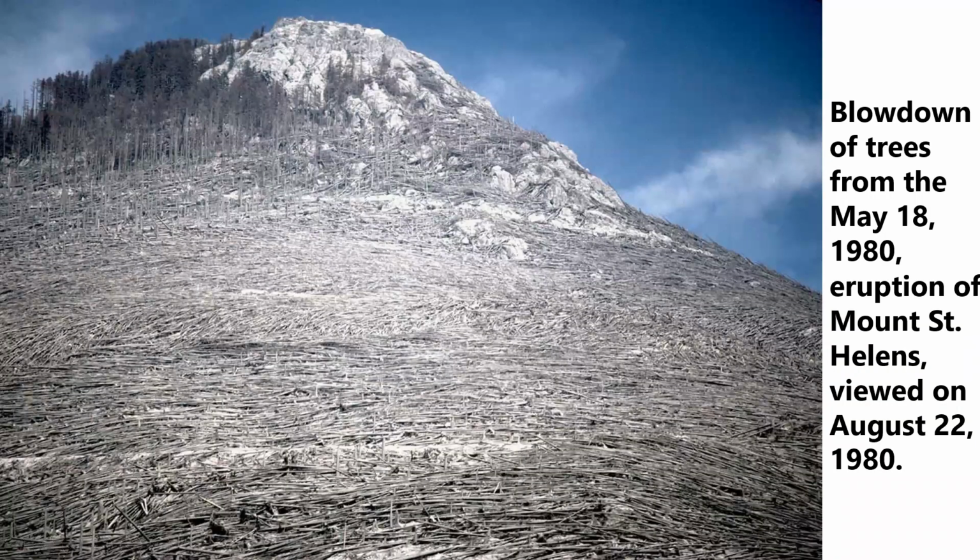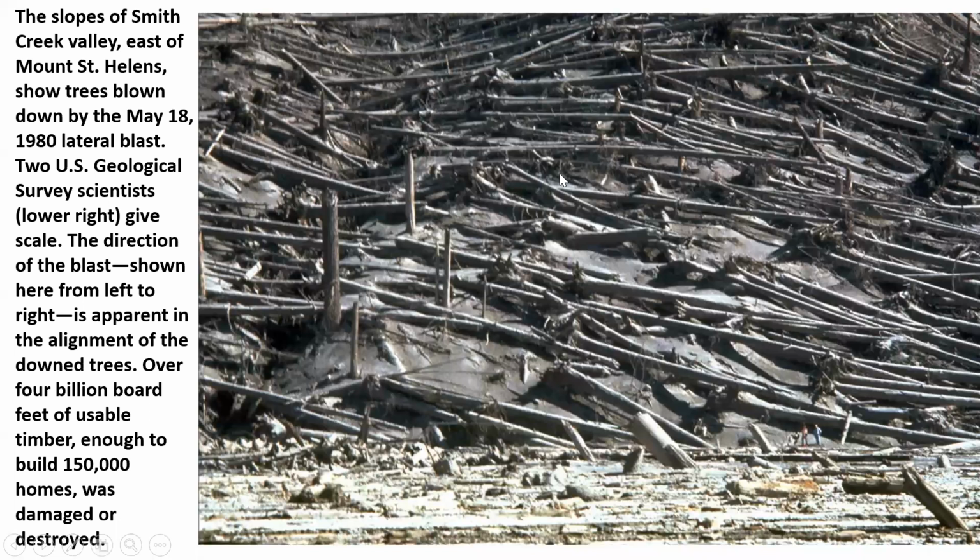And this is a blowdown of trees, the eruption viewed on August 22nd, so that is about 3 months later, right? You can see the whole place, all the trees are down, except the very top up here. And here's another picture of the tree trunks. The trees are blown down, and you can see the 2 geological survey scientists, lower right at the bottom here.